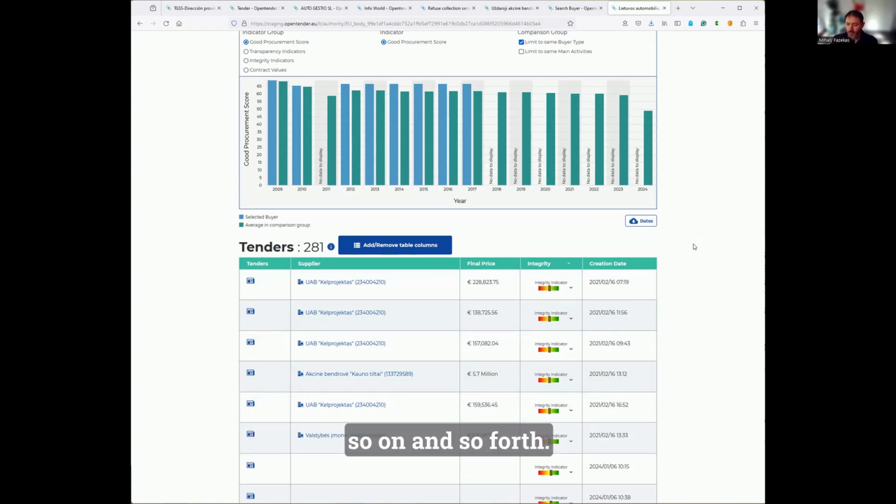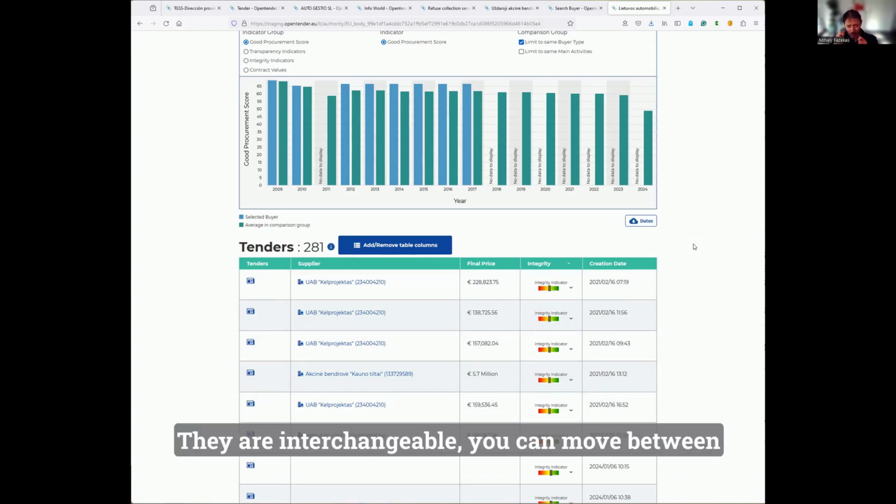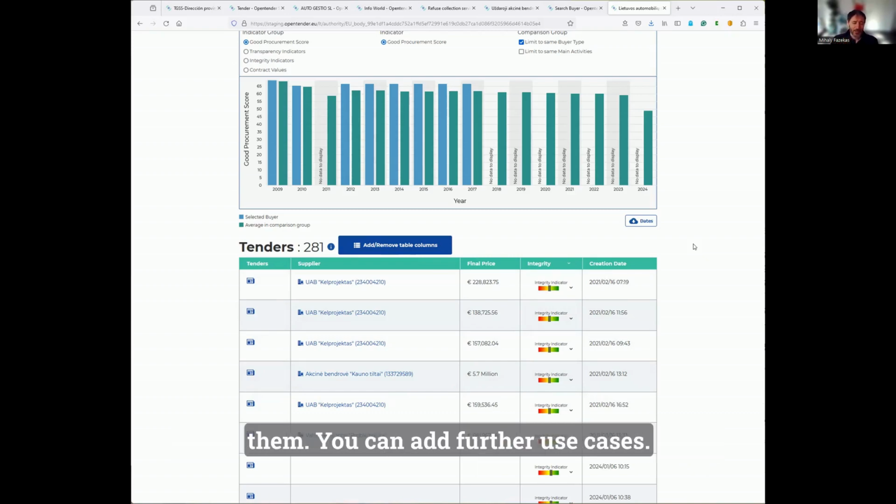That was it for particular use cases. They are interchangeable. You can move between them. You can add further use cases, but hopefully these couple of journeys could demonstrate how you can enter, filter, and explore integrity risks with the help of opentender.eu. Thank you very much.